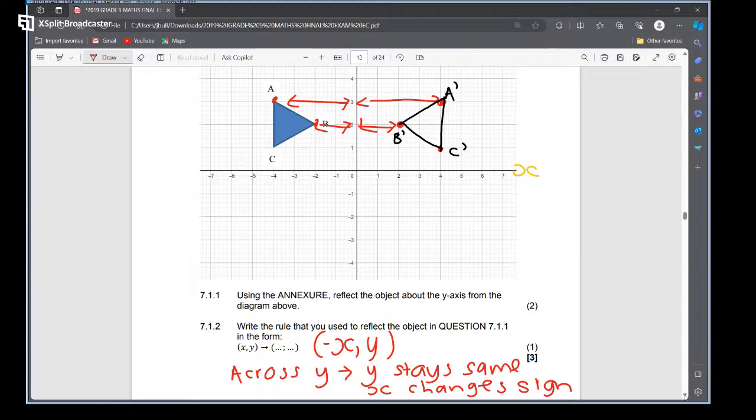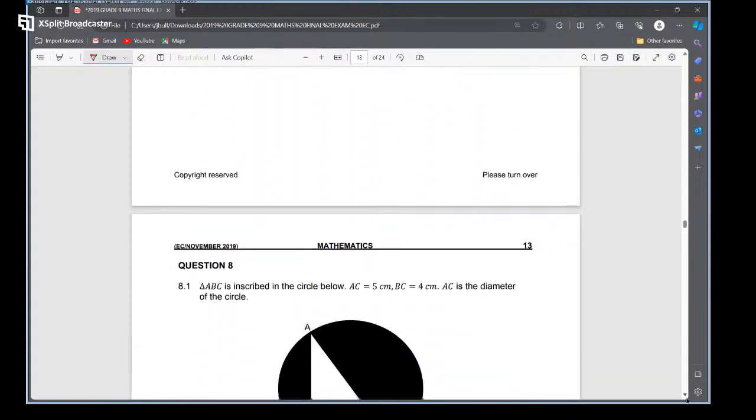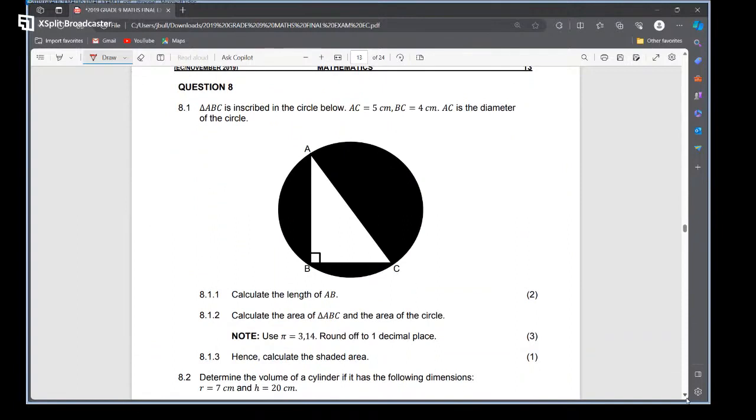If we look then at question 8, we have got a circle question here, and I think also a Pythagoras question. Okay, so if we look at this question, they say triangle ABC is inscribed in the circle below.